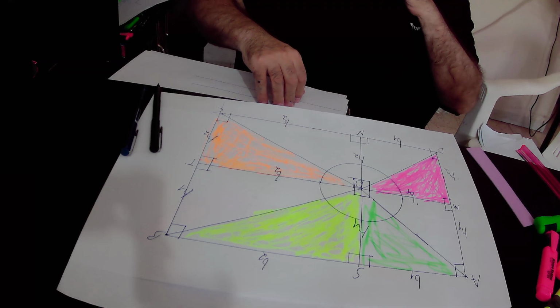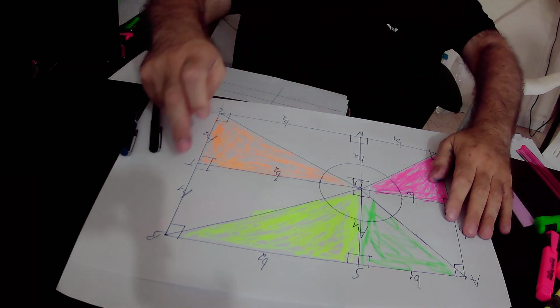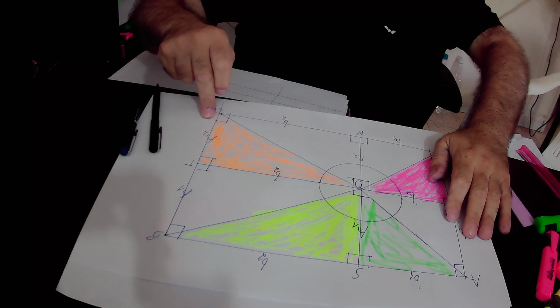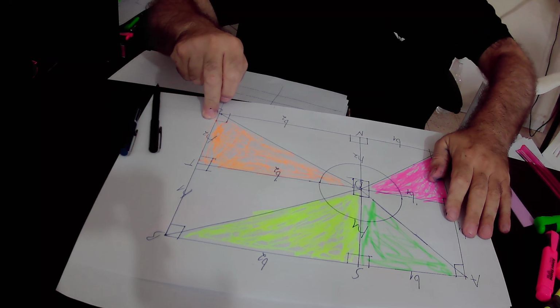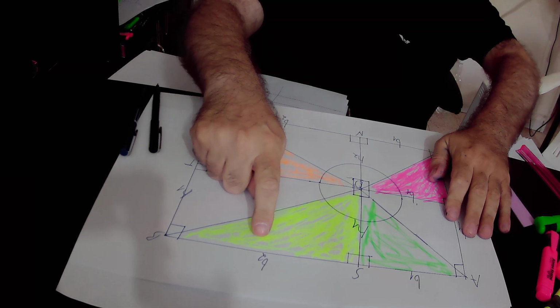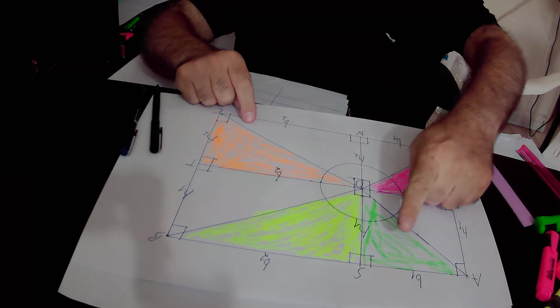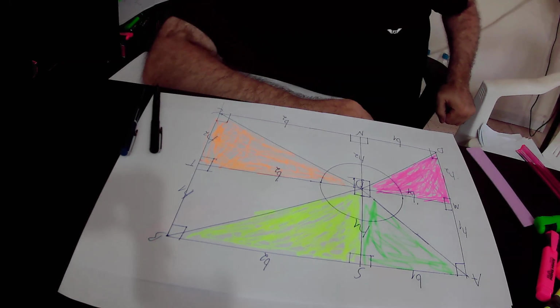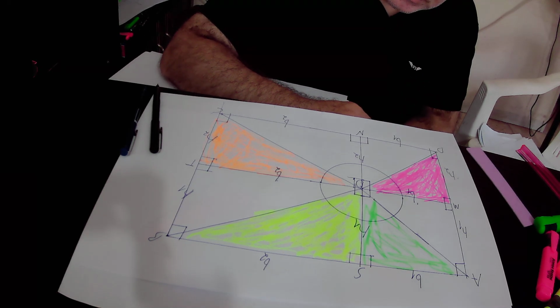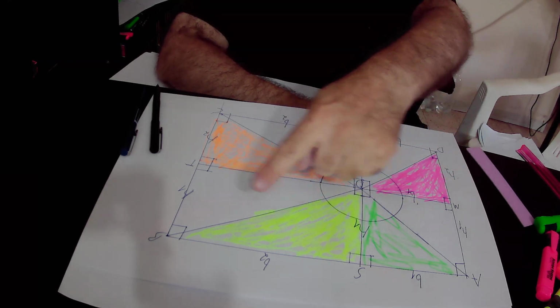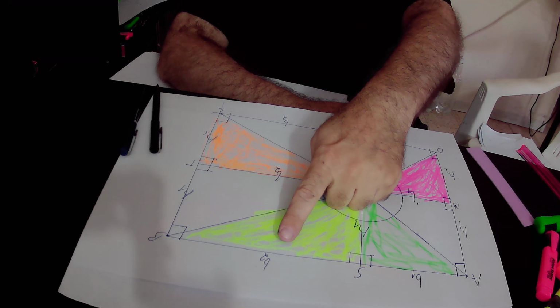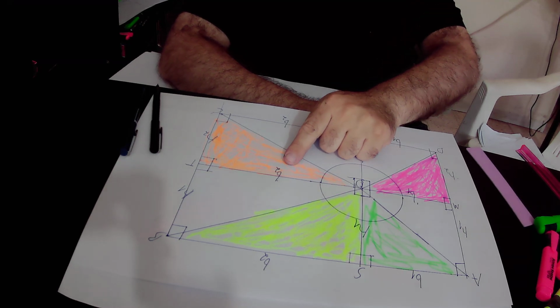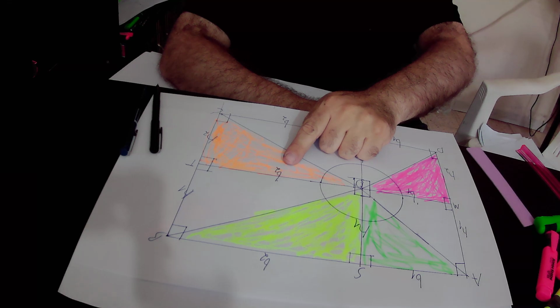And we know that the opposite sides of a rectangle are equal to each other. We define BT as edge 1, TC as edge 2, SB as B2, and AS as B1. According to the rule that the opposite sides of a rectangle are equal to each other, in rectangle SBOT, this is B2, therefore this side must also equal B2.